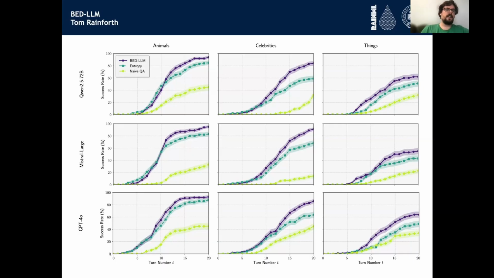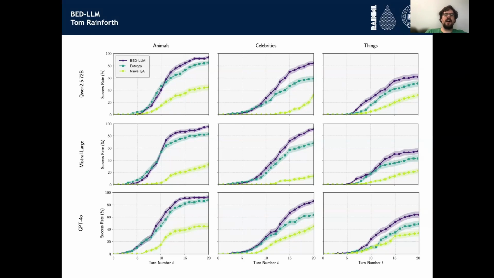The y-axis here is the success rate, i.e. did we actually get the thing that we're trying to search for in 20 questions? And you can see we're sometimes going from 15 or 20% success rate with just the LLM up to 80 to 90% accuracy with this BED-LLM approach.